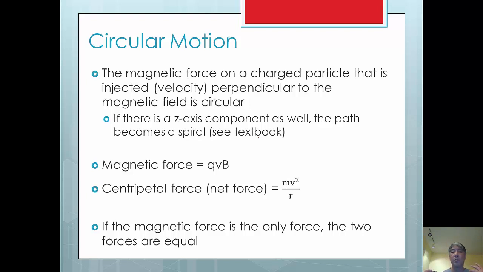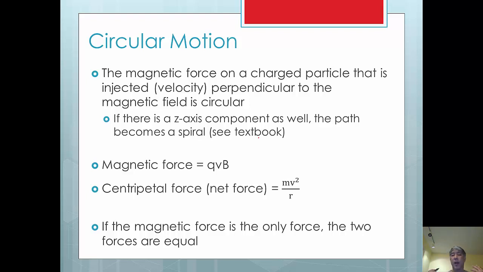So what we're going to see in a number of problems as we move forward is that as long as the only force I have is the magnetic force, then that's going to have a magnitude of Q times V times B. We'll ignore the sine theta because of the perpendicular aspect.